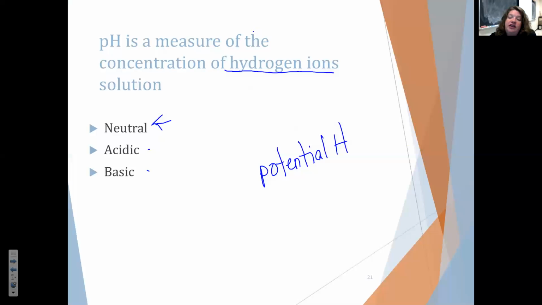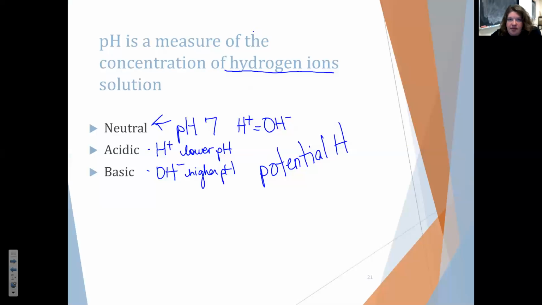So if something has a pH of 7, which actually means the hydrogen ions are equal to the hydroxide ions, then we say that solution is neutral. Anything that gives off more hydrogen ion has a lower pH, and so we say that's very acidic. Anything that gives off a lot of hydroxide ion has a higher pH, and we say that that's very basic.